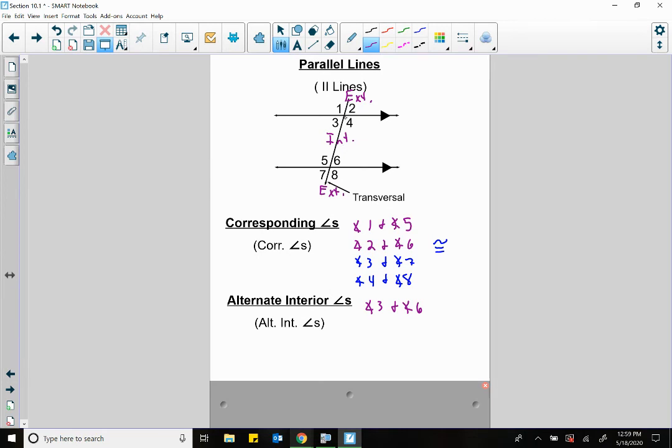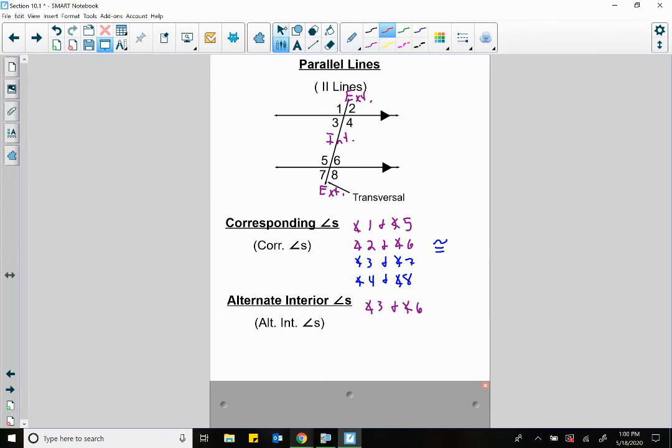Okay? So interior is bouncing between the two lines. Exterior, it's only got one wall that's stopping it. Okay? It's got all this other space out here. All right. So that's how we talk about interior versus exterior. Now, we call these alternate because alternates are on the opposite sides of the transversal. They're not next to each other. Okay, these would be adjacent, but they're on opposite sides.